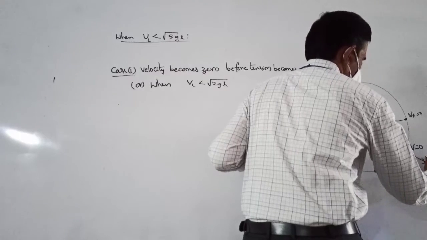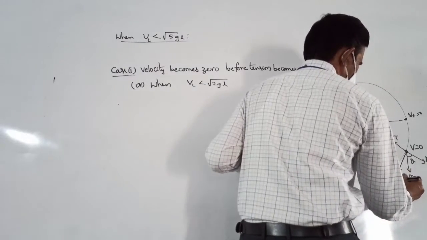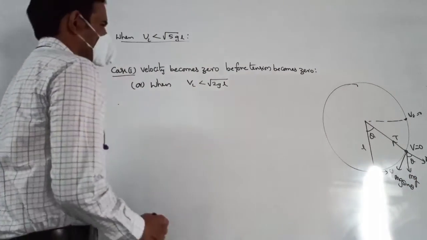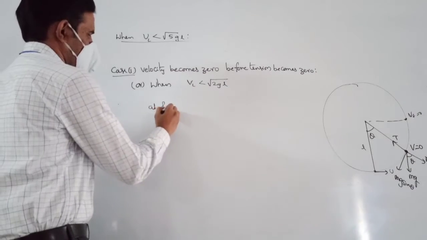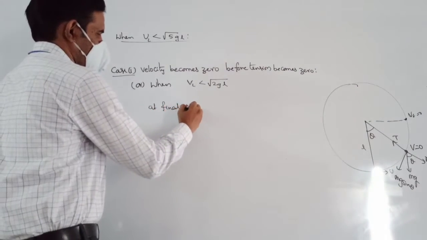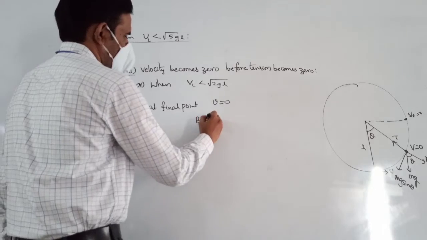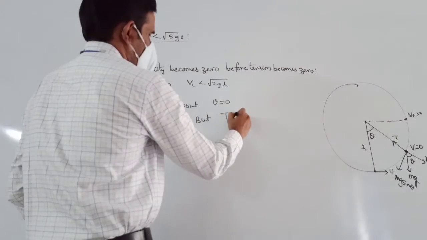So at the final point, velocity is zero, but tension is non-zero, that is mg cos theta. That is the case we are saying here: velocity becomes zero before tension becomes zero.